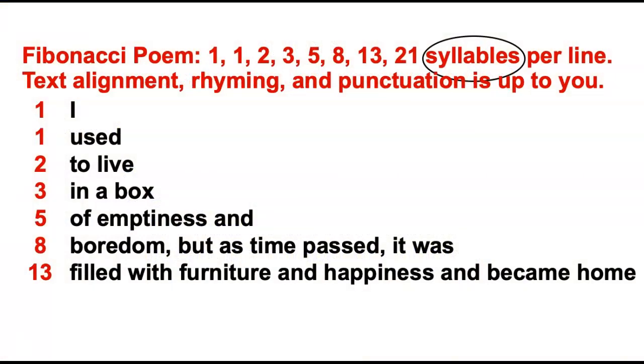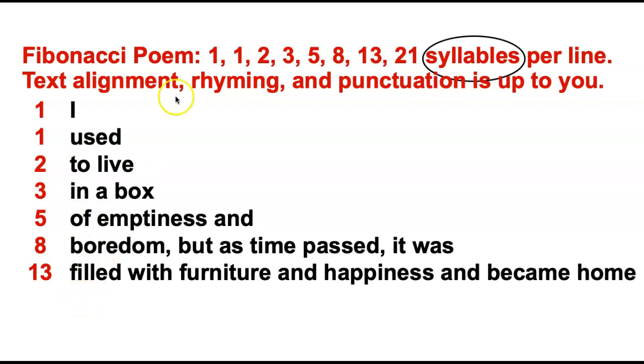If you decide to write a Fibonacci poem using syllables per line instead of words, you can set it up the same way. Notice on this particular Fibonacci poem, it has a different sort of alignment. Instead of having the words centered on the page, the lines are aligned along the left-hand side, and all the lines begin from the left margin.